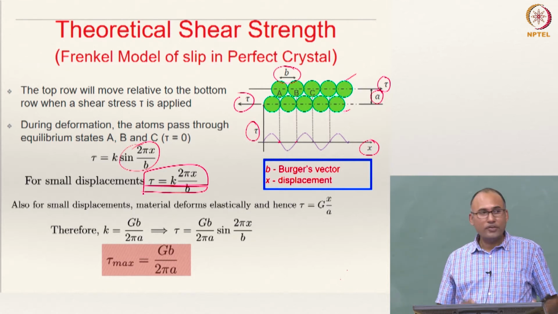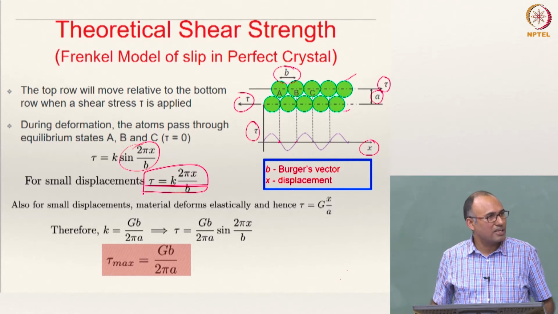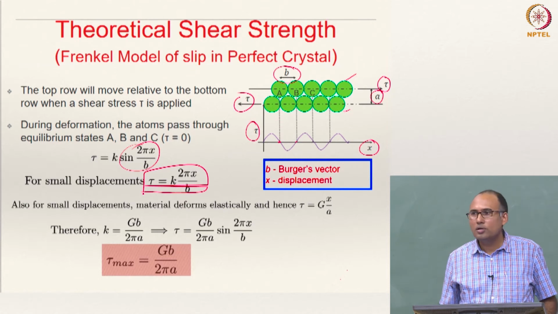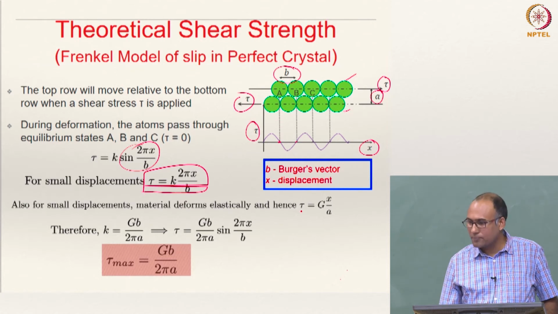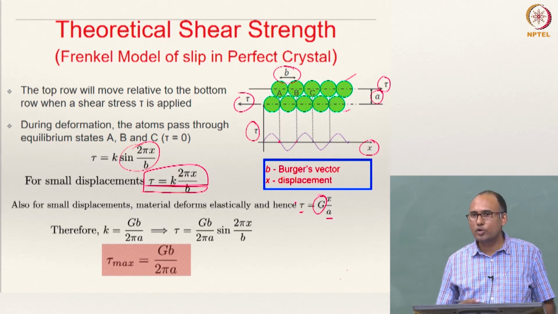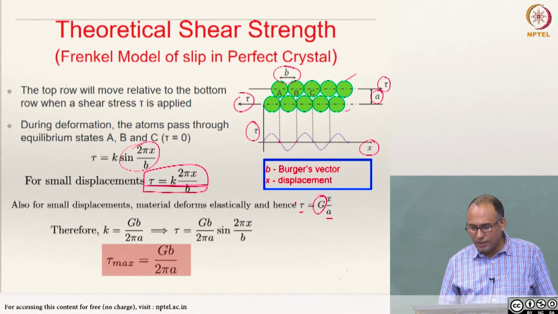And if you are applying small displacement, the material is going to deform elastically. So you can relate elastic shear stress to the shear strain through the shear modulus. Like you write sigma equal to E times epsilon, you write tau equal to G times gamma. Gamma is your shear strain.